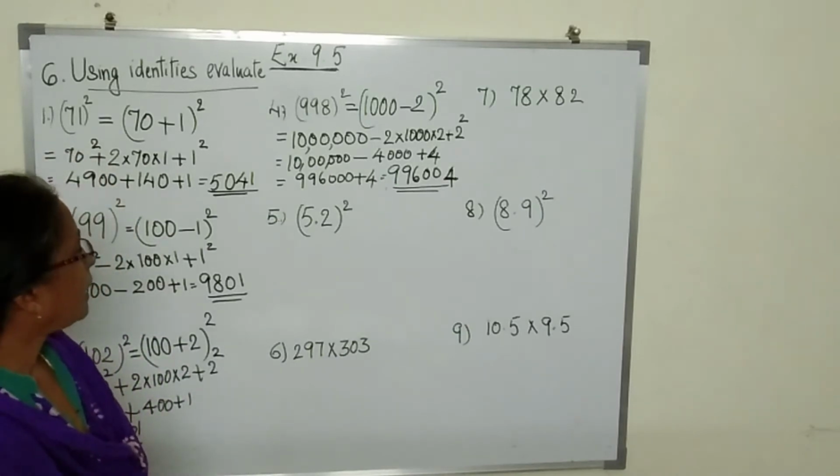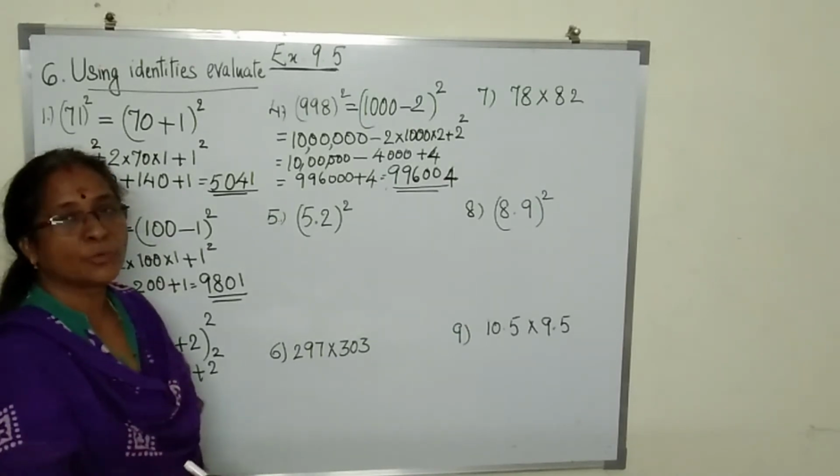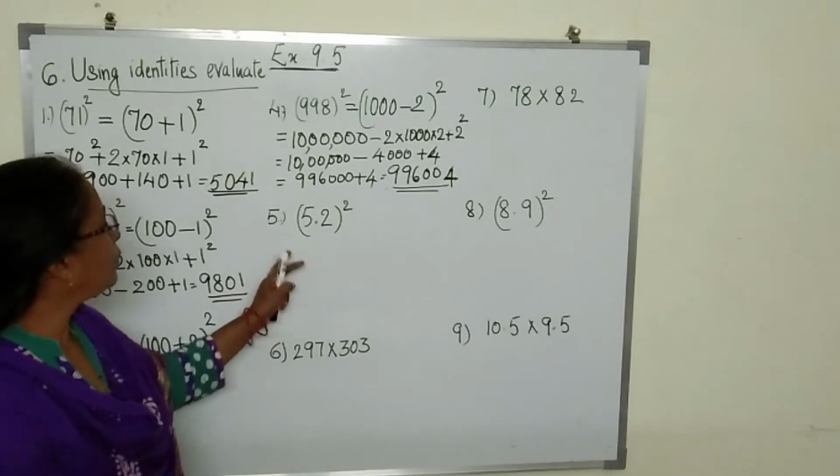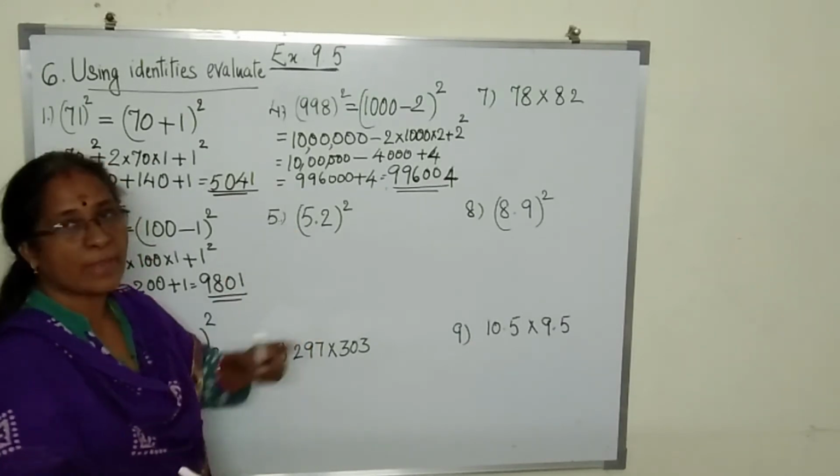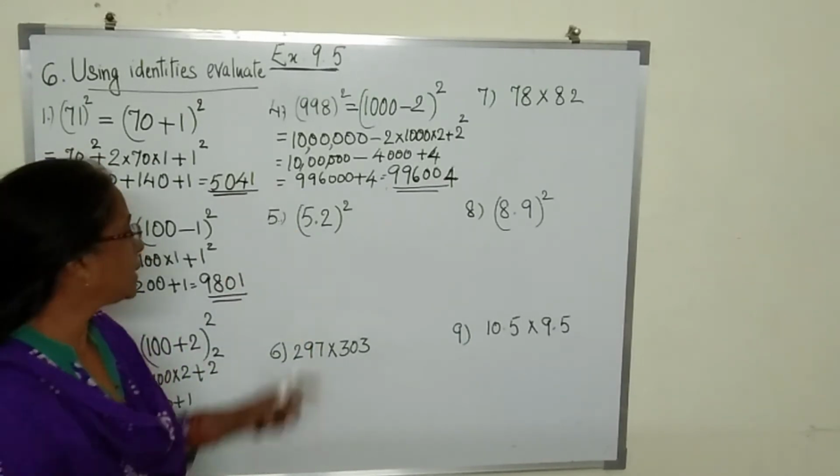Okay. Here 5.2 whole square. How will you write 5.2 in the form of a plus b or a minus b?